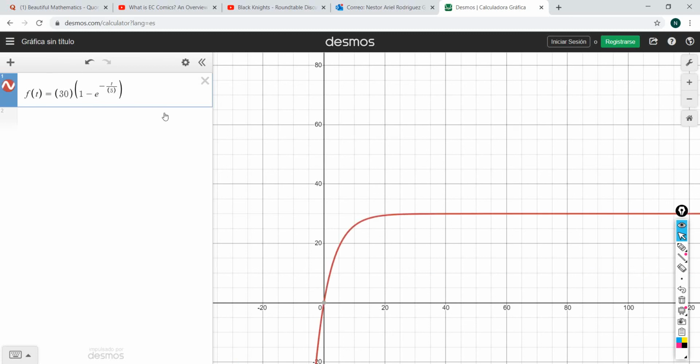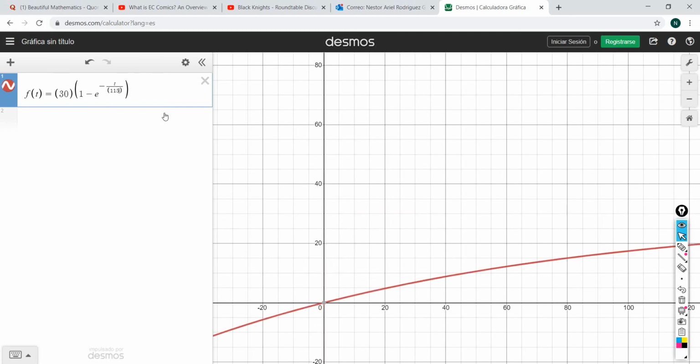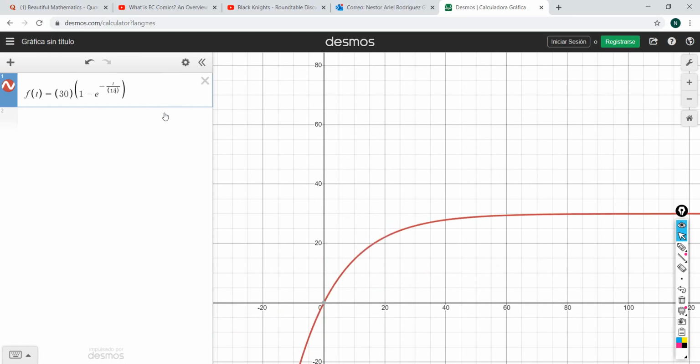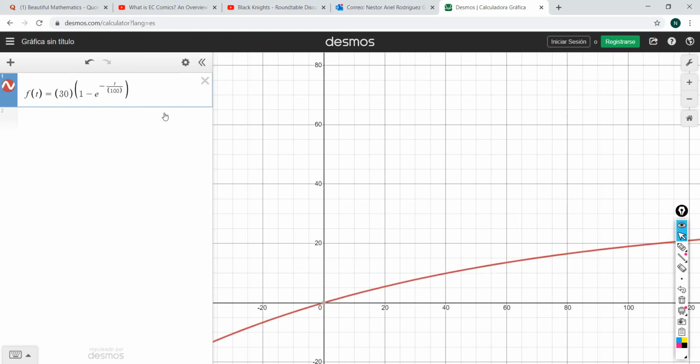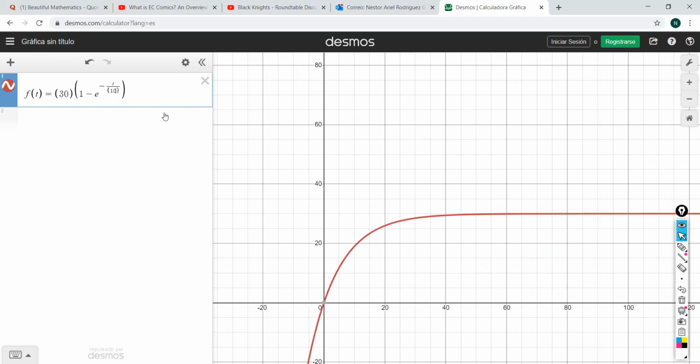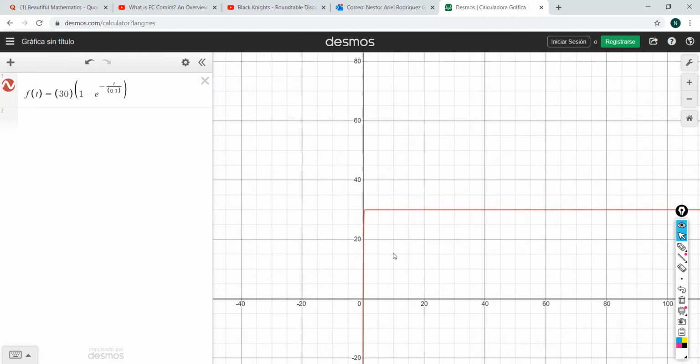5, 10, 15, 100. Let's write 0.1. Look what happens for very small values of C2.